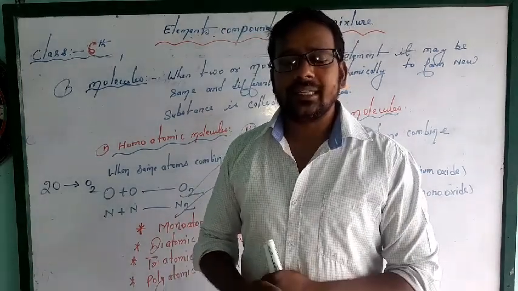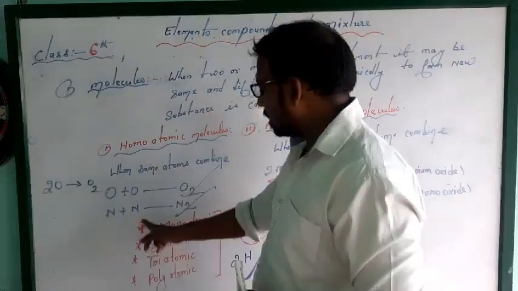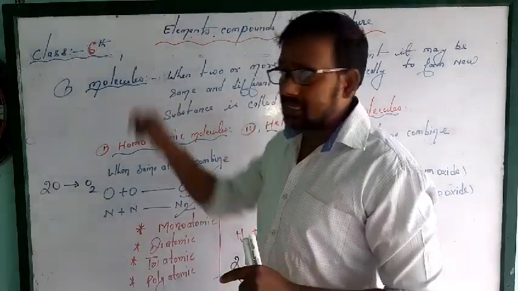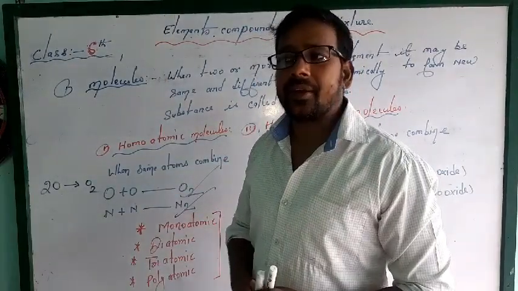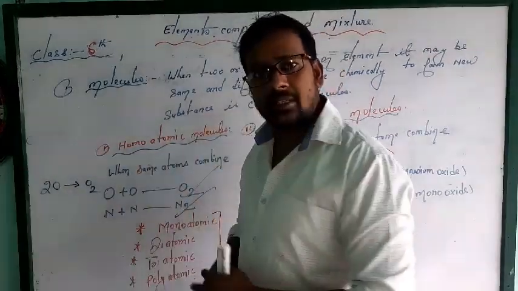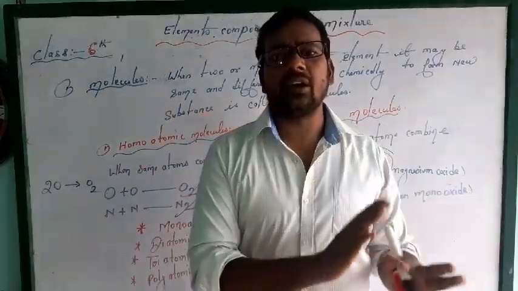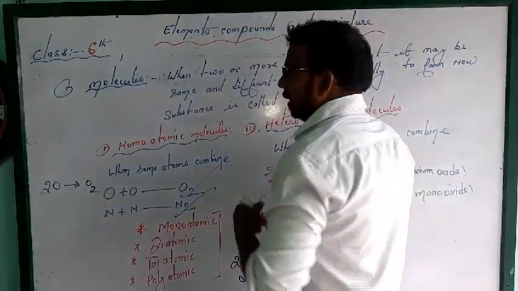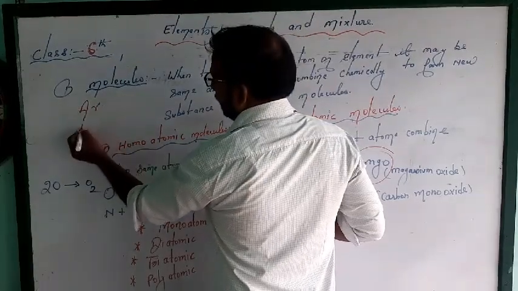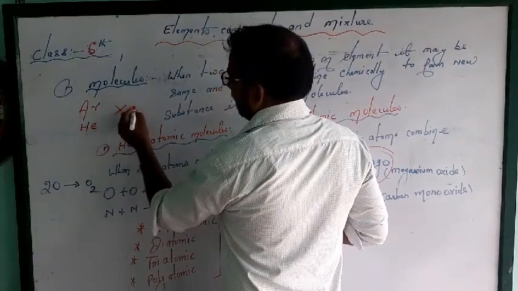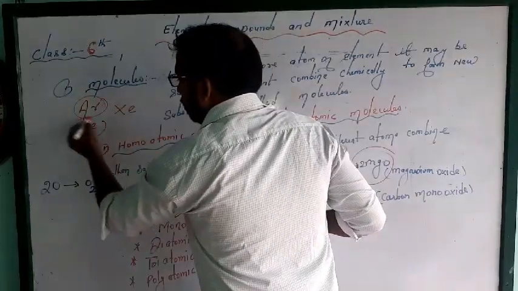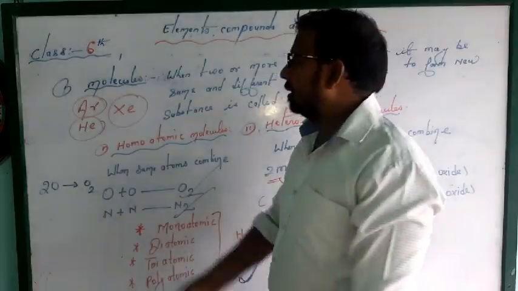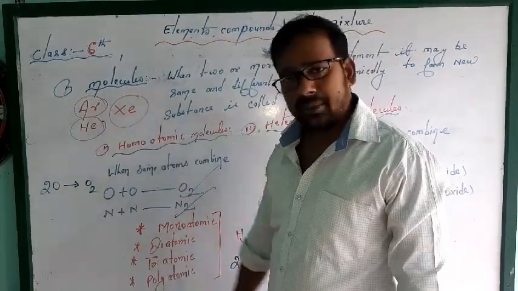You can see the example of monoatomic, noble gases, in the modern periodic table, at the last, group 18. They do not combine with other elements. They are present in inert form, like argon, helium, xenon. These are the noble gases, elements which do not react, and they are always present in single form. That's why they are called monoatomic.